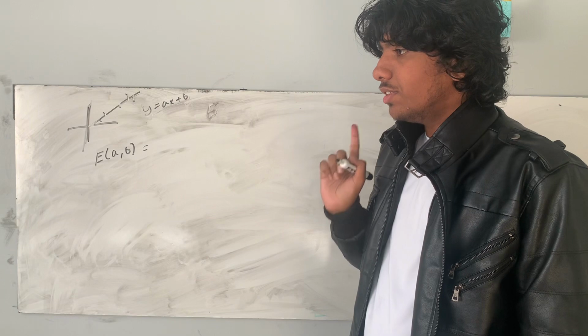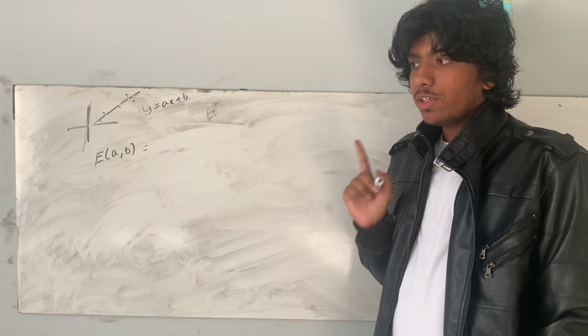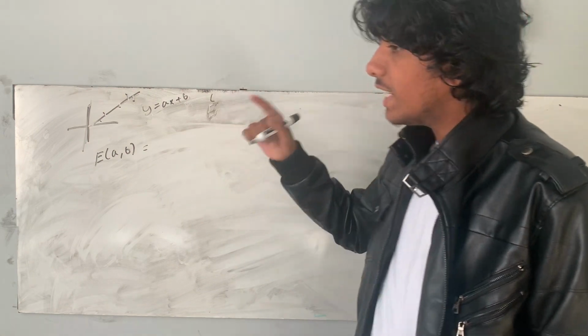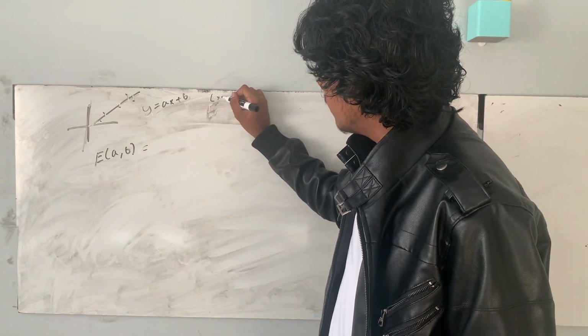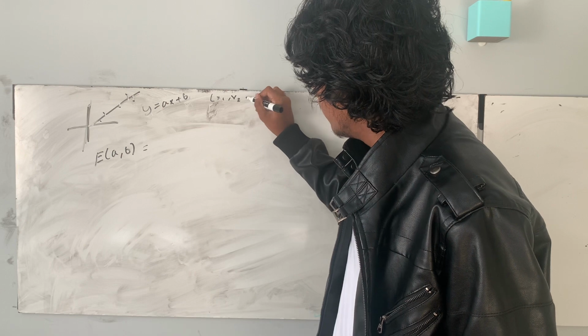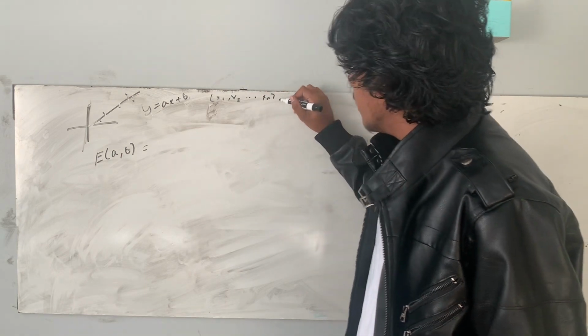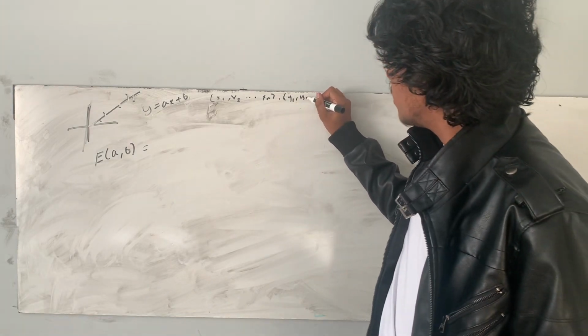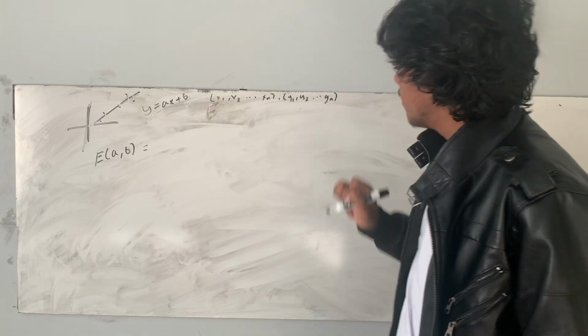Now we also keep in mind we're given data points of one independent variable, x1, x2, xn, and the dependent data points y1, y2, yn, right?